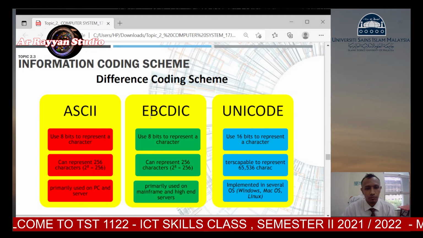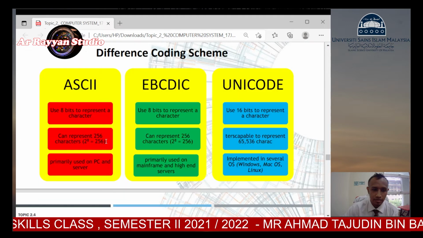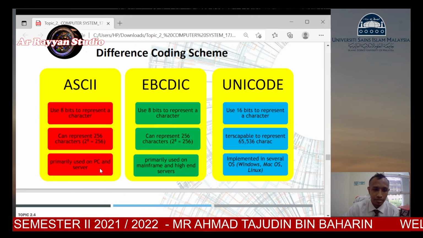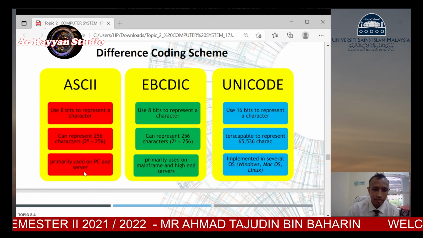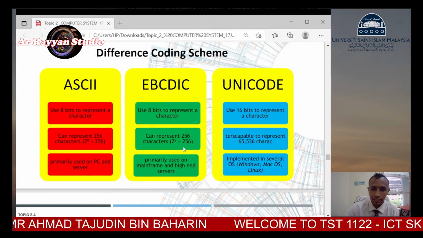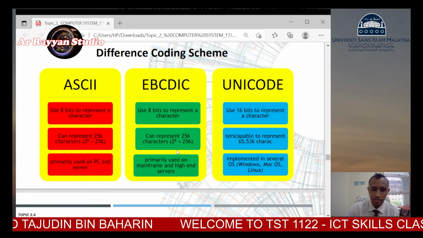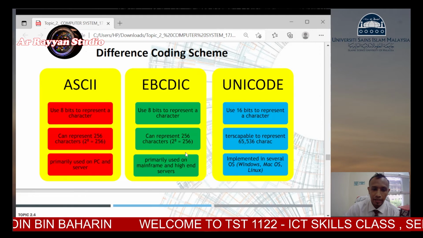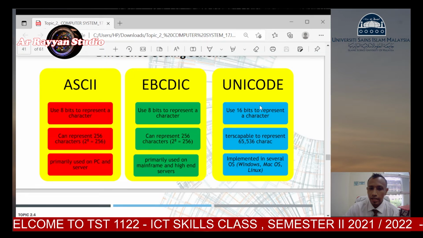Right, for ASCII only use 8-bit to represent a character. Right, it can represent 256 character and primarily used on the PC and server. For EBCDIC, also use 8-bit to represent a character and also represent 256 and primarily used on the mainframe and high-end server. Right, so last one is Unicode.